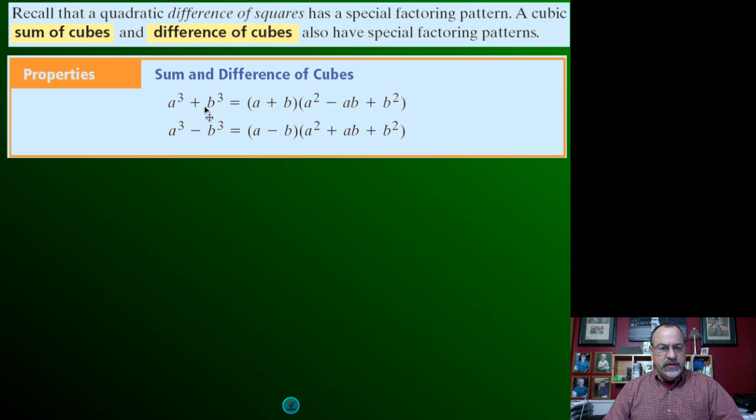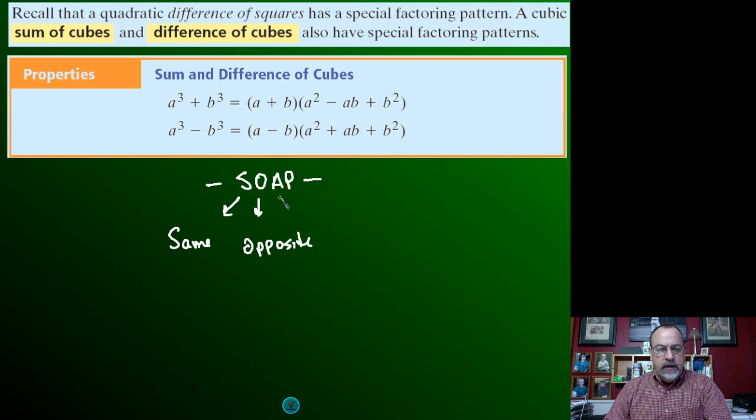Now I want you to notice the signs, because we're going to use an acronym called SOAP. When you have the sum or difference of two cubes, you always want to use SOAP. What this stands for is same, and then opposite, and then these two go together, always positive.